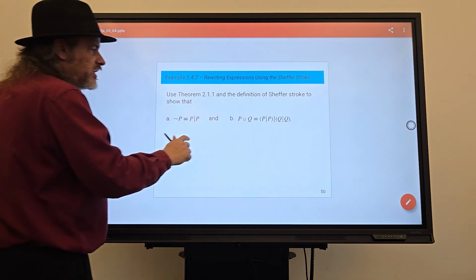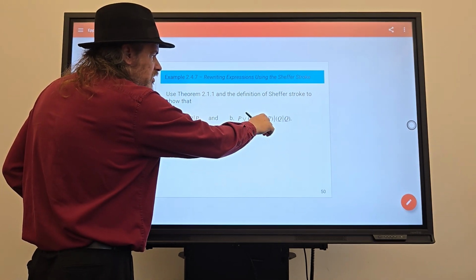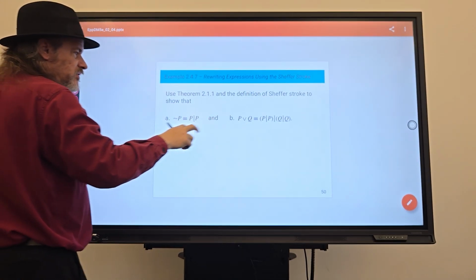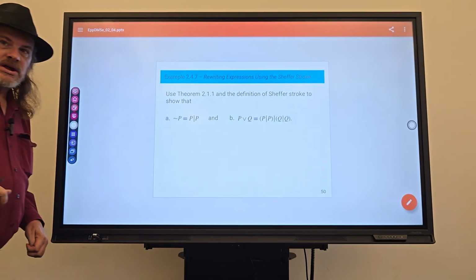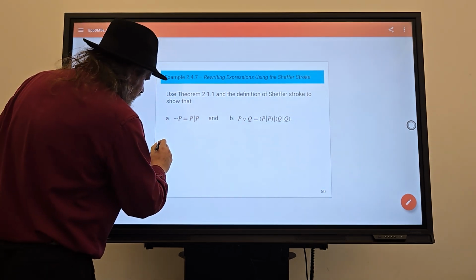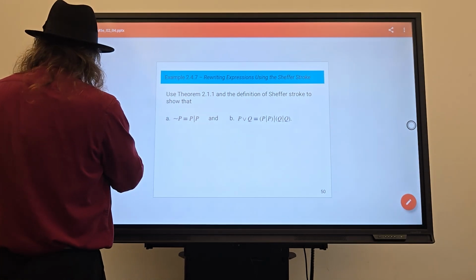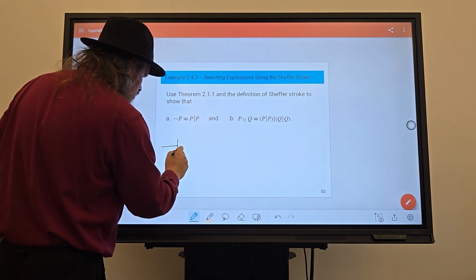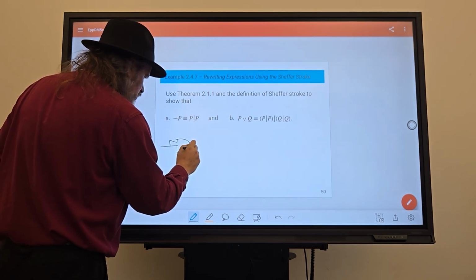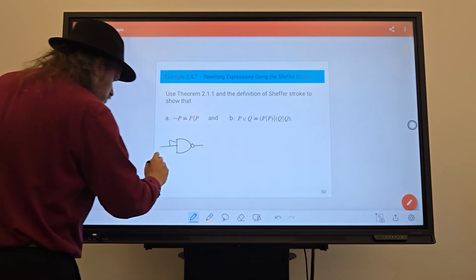And an OR is the NAND of the inverted inputs. So from this, you can kind of deduce that this is an inverter.